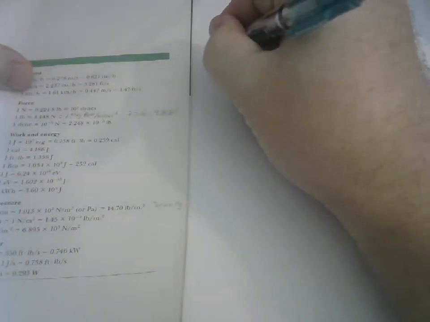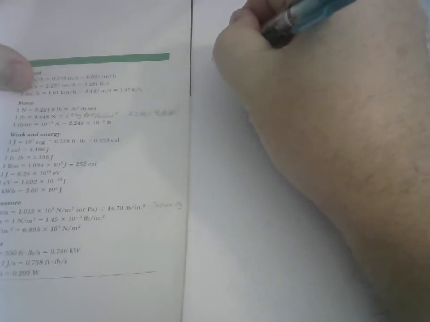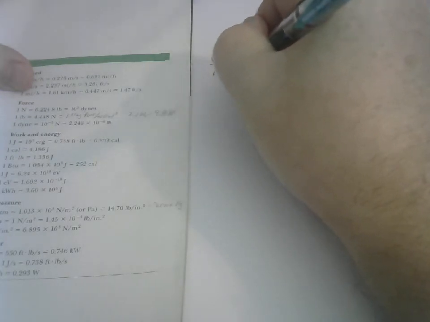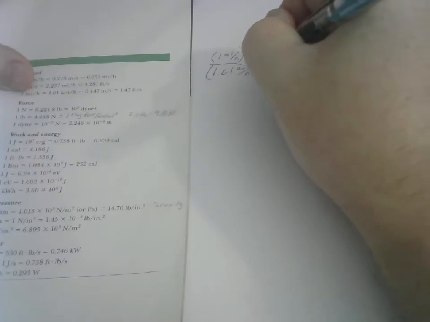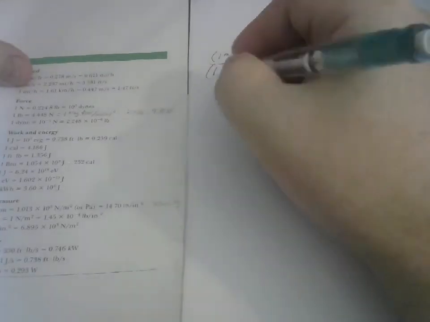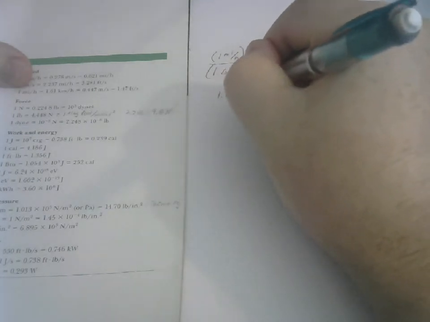There's 2 ways to write this. We can say 1 mile per hour over 1.61 kilometers per hour is equal to 1. Or we can do the inverse, or the reciprocal of that, 1.61 kilometers per hour.